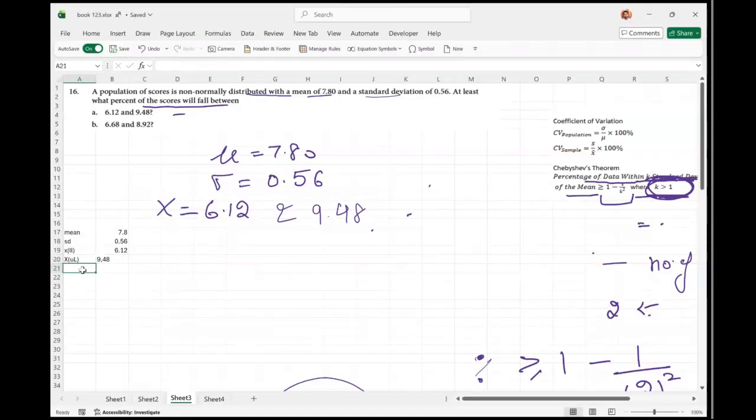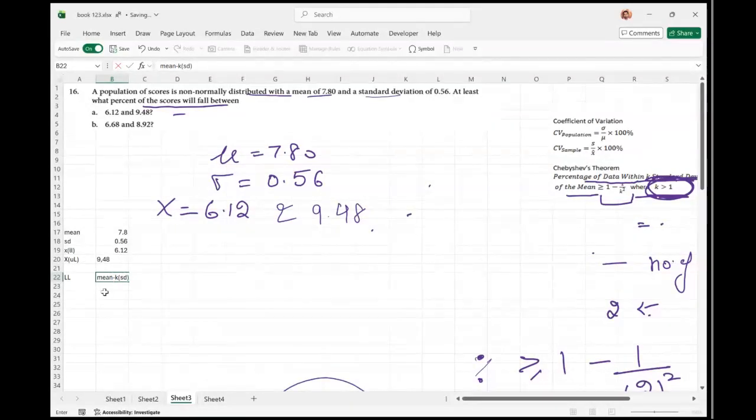And the formula we're going to use for the lower limit is the same formula we used in the empirical rule for the normal distribution graph: mean minus k times standard deviation.